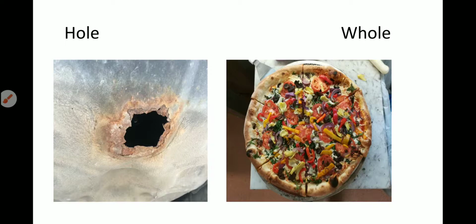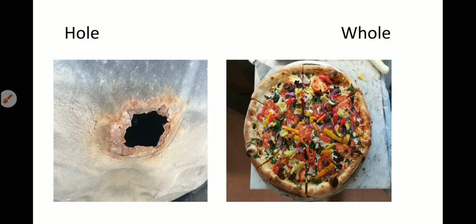Something has caved in, a hole in this object. So there's a gap going through this object, and that's a hole, okay? A hole. You could say, I saw the hole yesterday. The pen must have fallen through the hole, okay? And the spelling of hole is H-O-L-E.